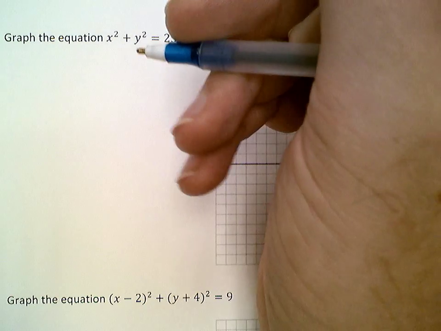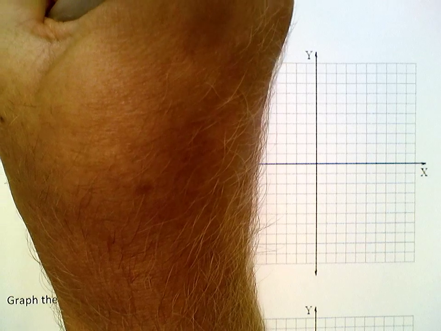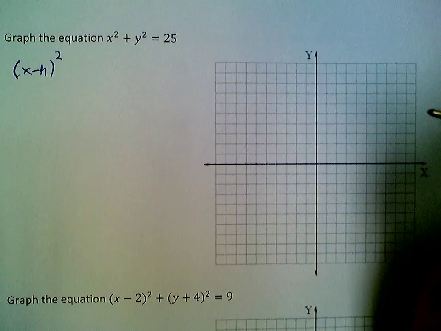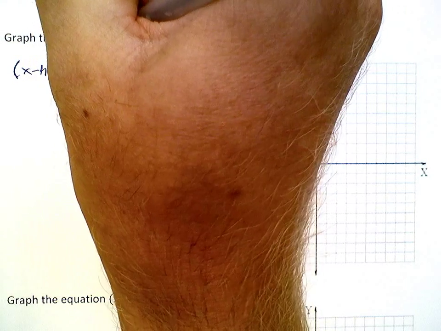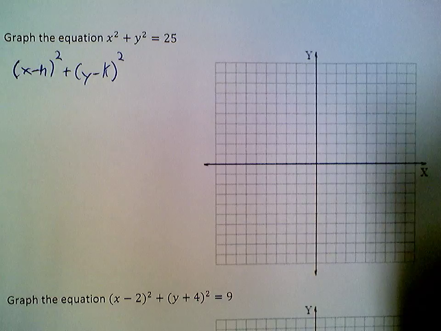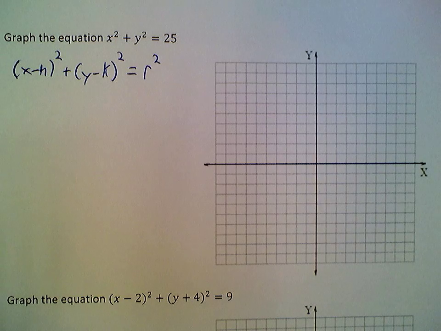So the standard form for an equation of a circle in a coordinate plane is (x minus h) squared plus (y minus k) squared equals r squared. Okay, so you might be wondering, what does all that mean?